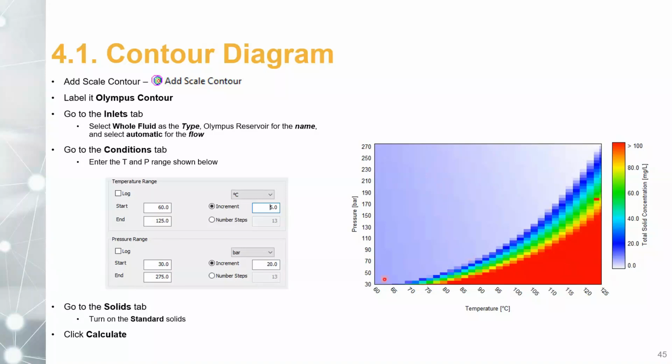So you always want to avoid this area here. Maybe you don't want to be in the red area or in the green area. You want to be above the blue line here to reduce the amount of scale formation.